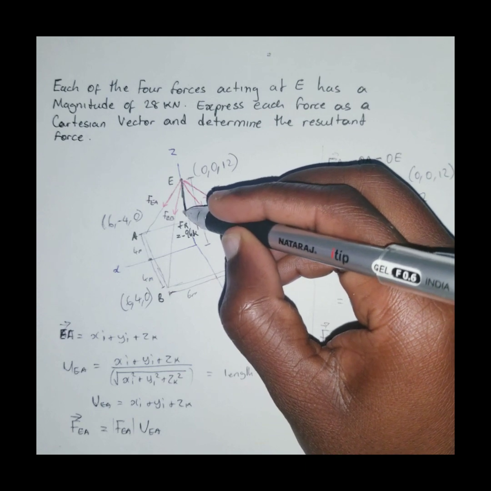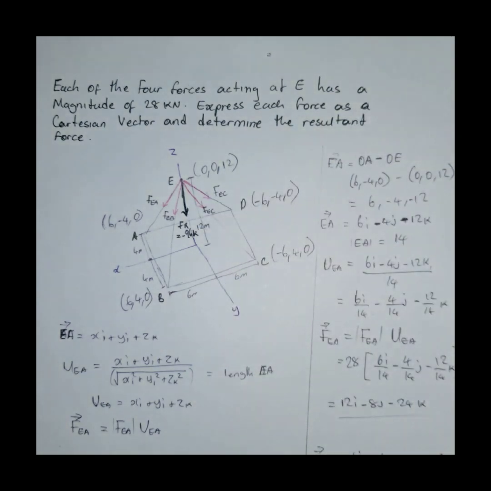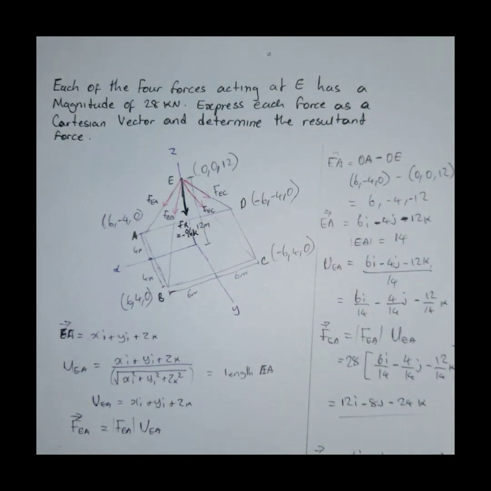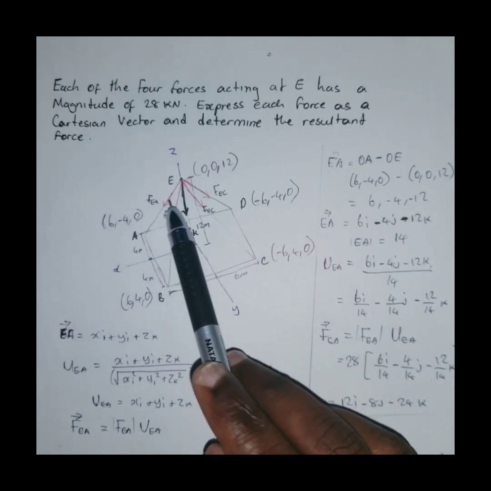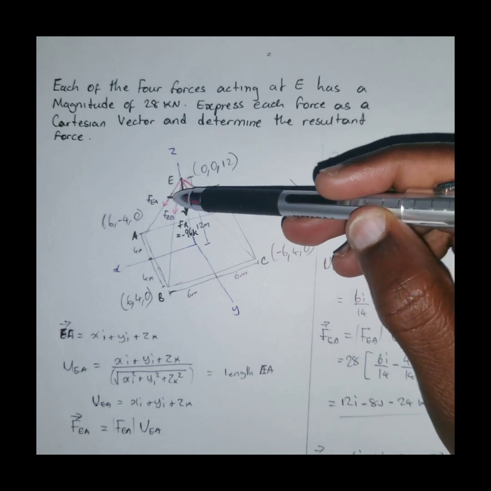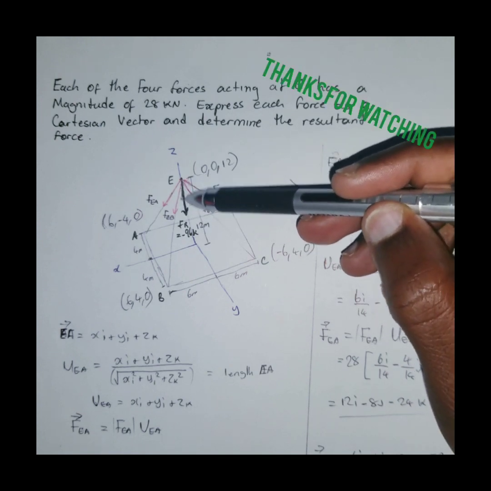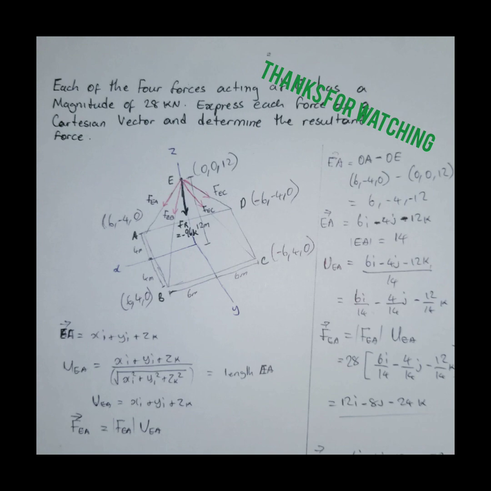This makes sense because the four forces are equal. The resultant force, which is the summation of these forces, will act directly in the middle, in the center, along the z-axis.